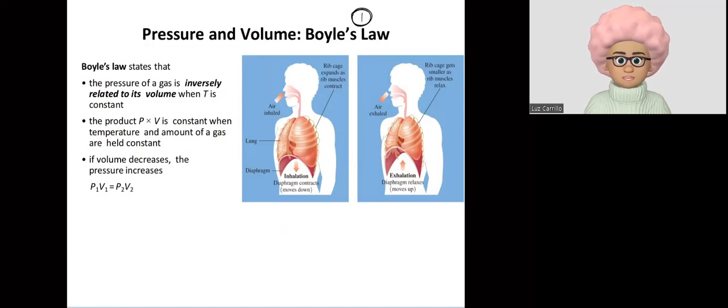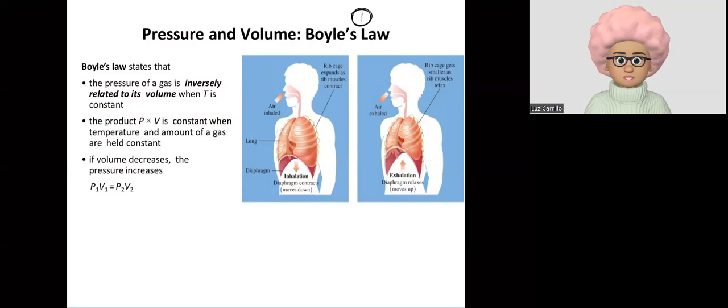Boyle's law is going to specifically talk about the relationship between the pressure of a gas versus the volume of a gas. Whenever we're looking at the relationship of pressure and volume, let's understand that the other two properties, meaning temperature and amount of a gas, need to be held constant. So then we can see the variation between pressure and volume.